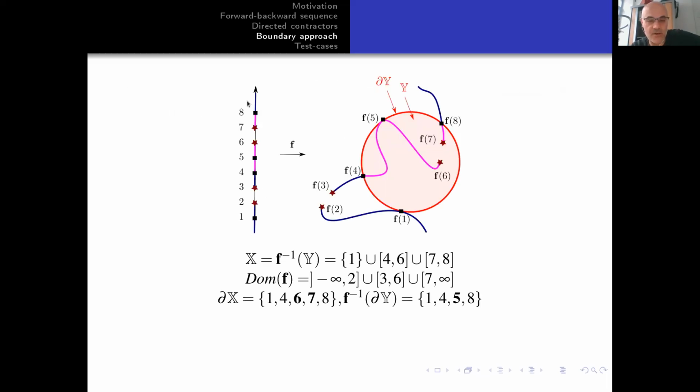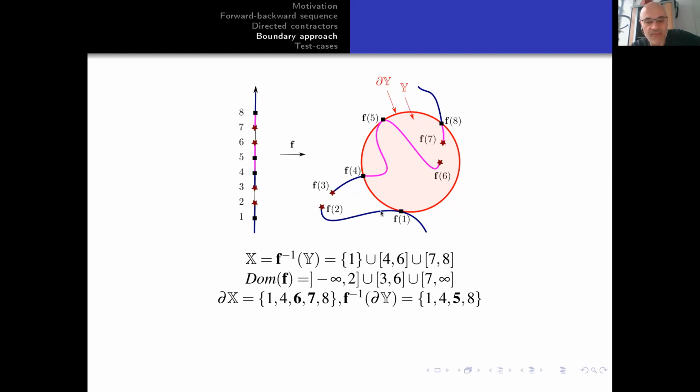I will give you an illustration here. I have here R, for instance, a function, and here R2. And the set I want to invert, say, is a disk, the closed disk. So I assume, just for the illustration, that the boundary of Y is included in Y. And here I have represented the image by f of R by this.